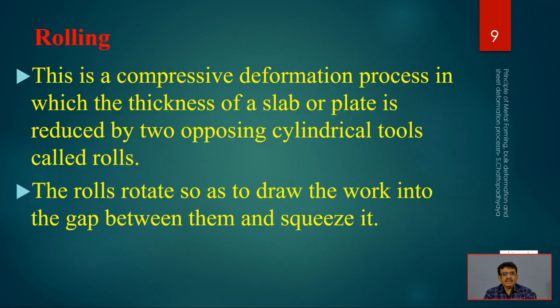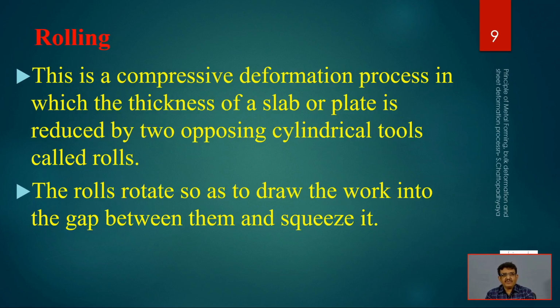This is a compressive deformation process in which the thickness of a slab or a plate is reduced by two opposing cylindrical tools called rolls, and these rolls rotate so as to draw the work into the gap between them and squeeze it. One kind of rolling action is at the time of preparation of roti by our mothers and sisters, but there it is one roll and the other is a flat surface.